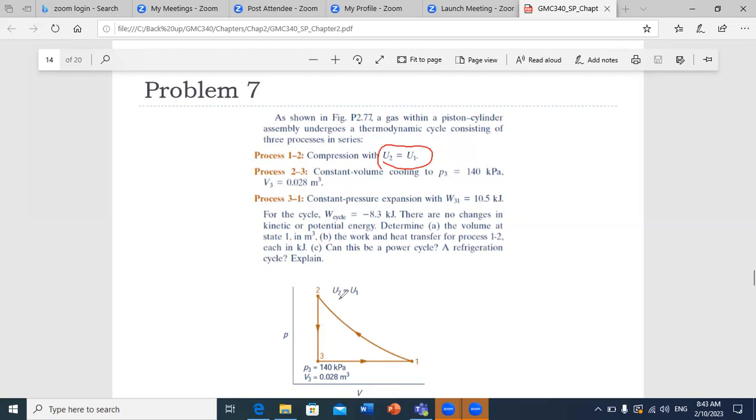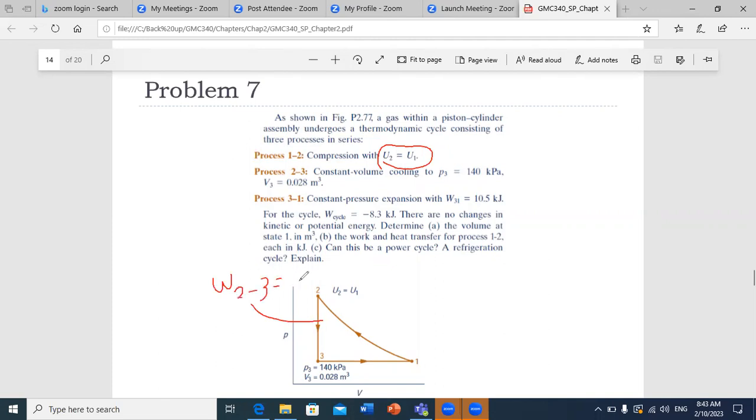Now, concerning 2 to 3, we have constant volume. Because it's at constant volume, whenever we want to calculate the work it will be 0, because you know that the integral of PdV will be 0 since volume is constant. So here, work from 2 to 3 is equal to 0.